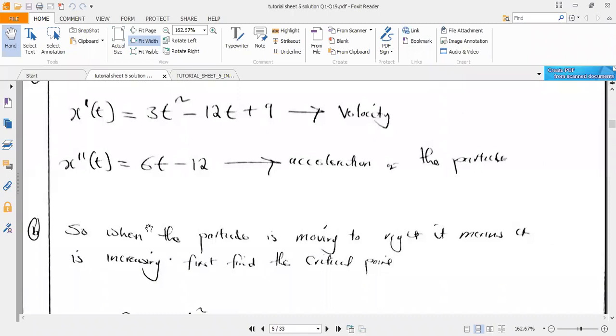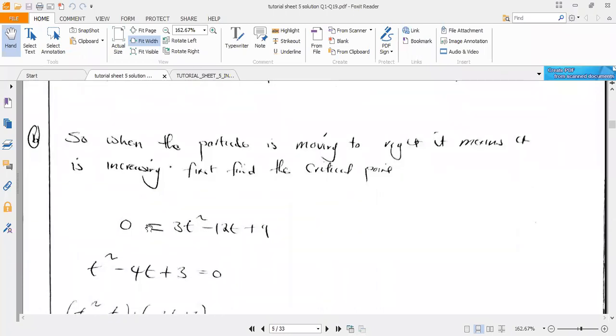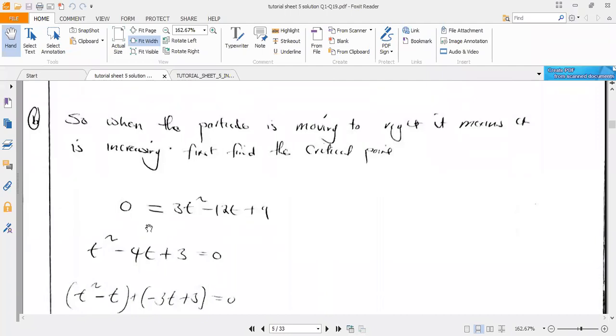So when the particle is moving to the right, its velocity is increasing. So we first find what the critical points are. We equate that to 0.